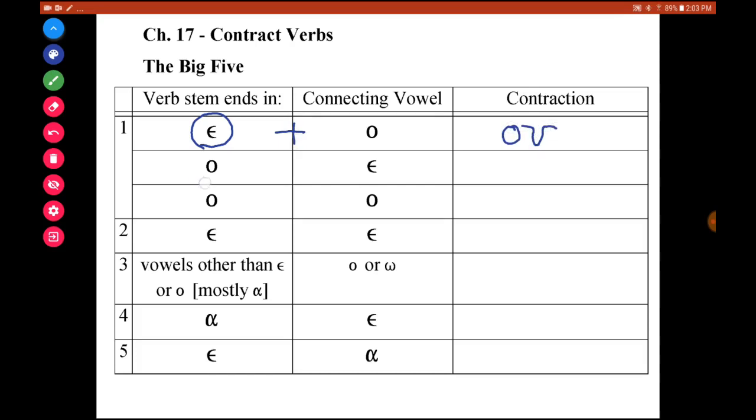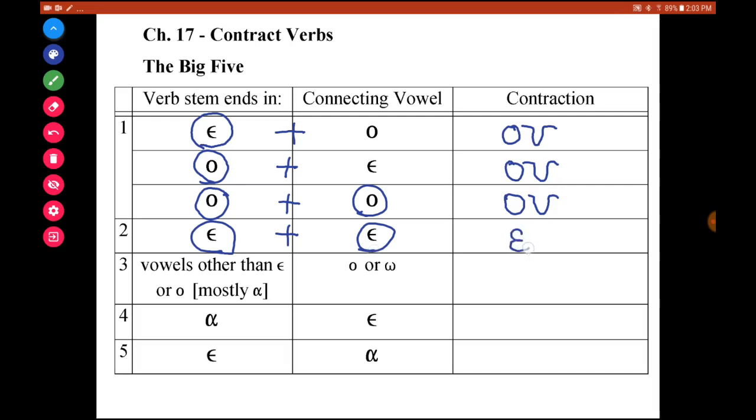If you add omicron to the connecting vowel that begins with an epsilon, it is also omicron upsilon. And two omicrons that combine also contract to the diphthong omicron upsilon. The second rule is when an epsilon combines with another epsilon, its vowel contraction is the diphthong epsilon iota.